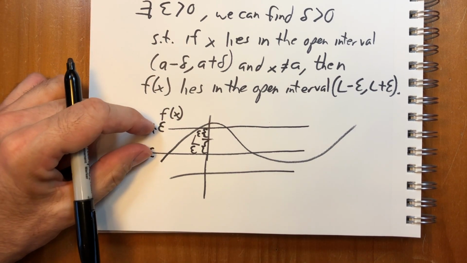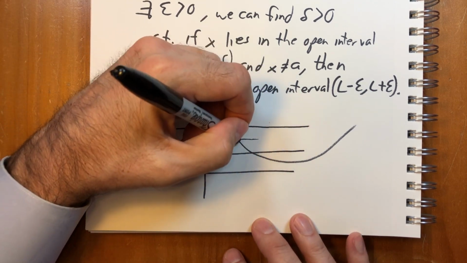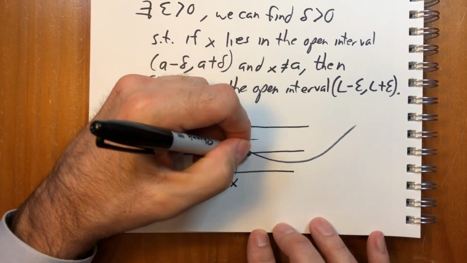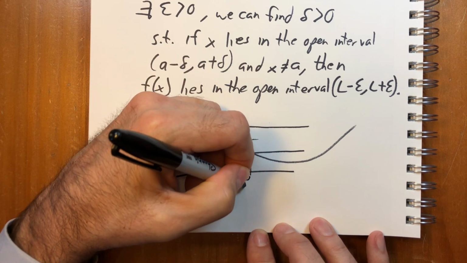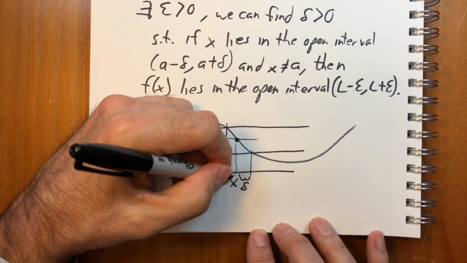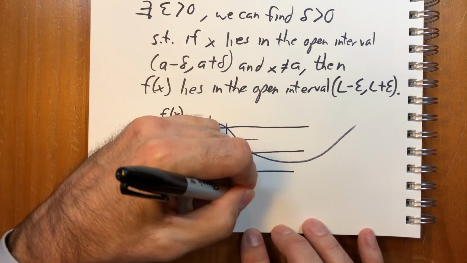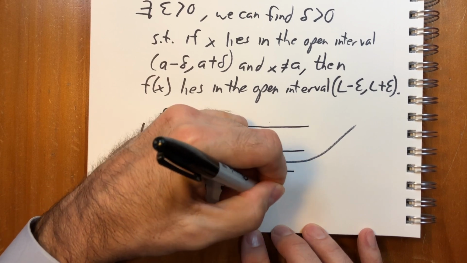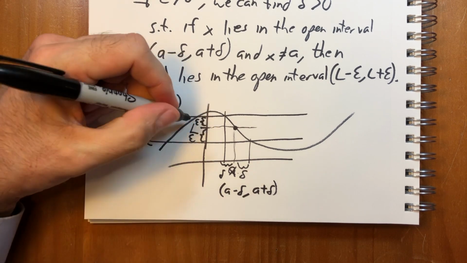No matter what epsilon we decide, here's L, we can find a delta such that, or this is A, sorry, we can find a delta such that if x is inside this interval, then f(x) is going to be inside this interval.